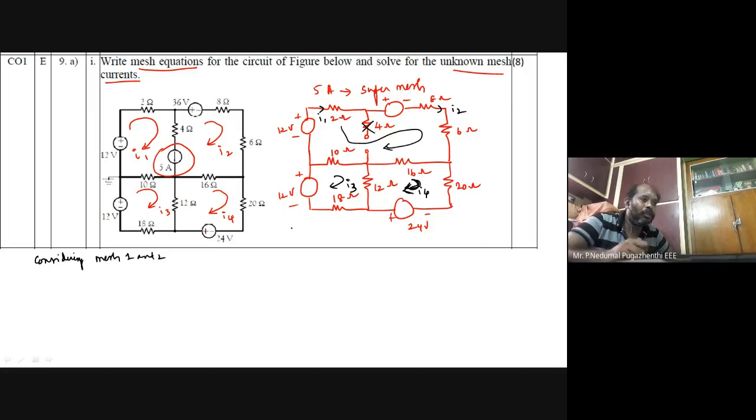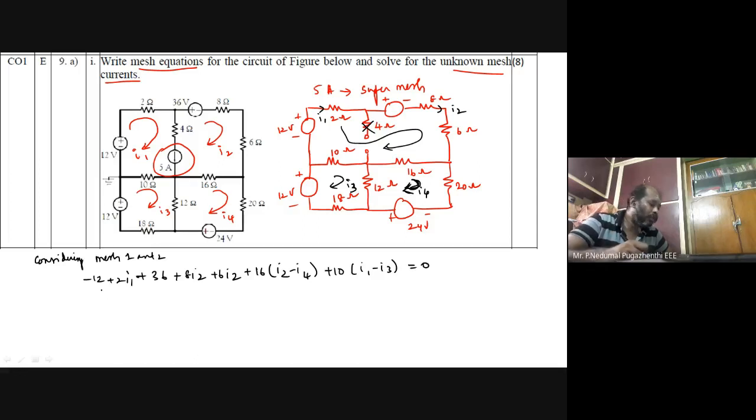The equation is -12 plus 2I1 plus 36 plus 8I2 plus 6I2 plus 16(I2 minus I4) plus 10(I1 minus I3) is equal to 0.